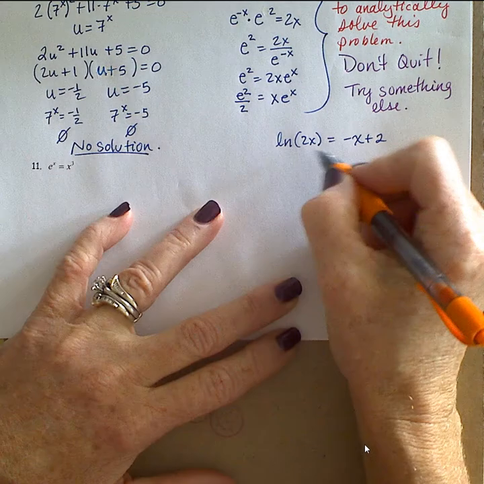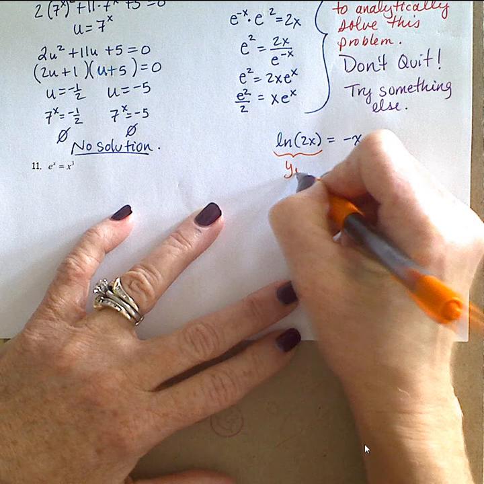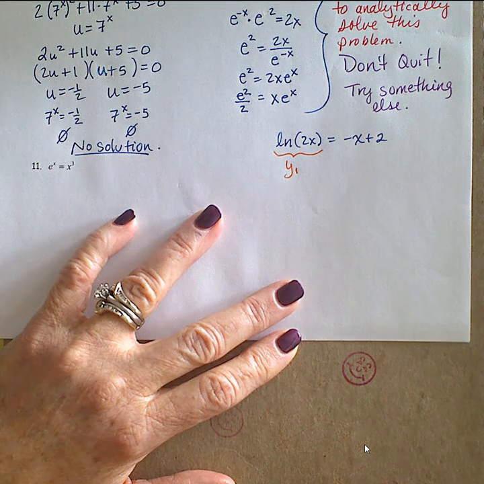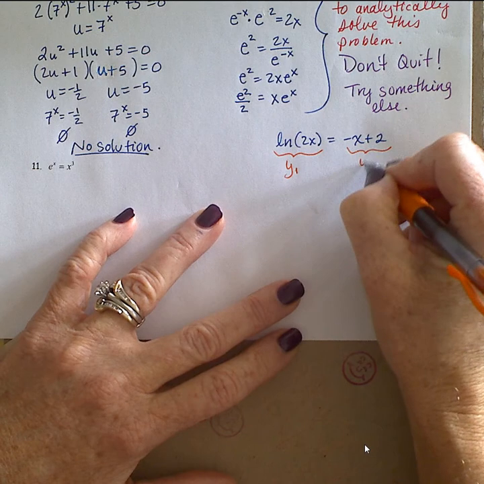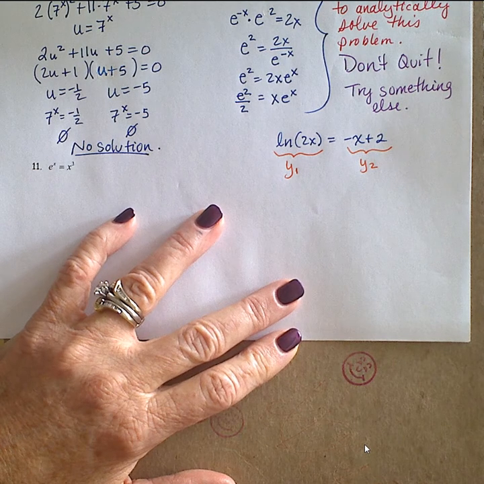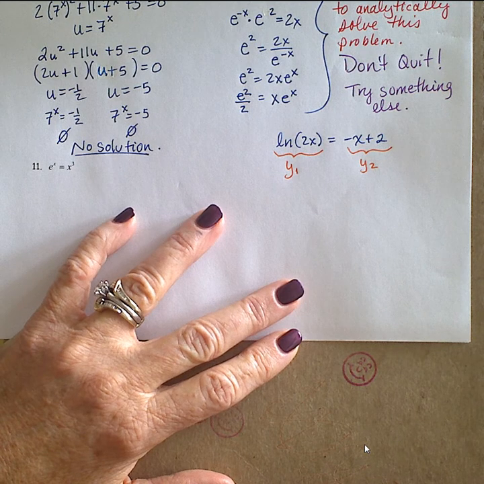Could you put this natural log of 2x into y1 in your calculator? And could you put this negative x plus 2 into y2 on your calculator? And then do what? Look for points of intersection.